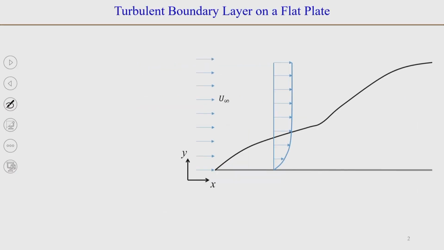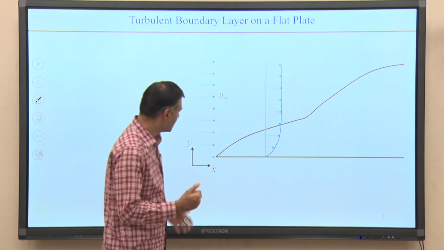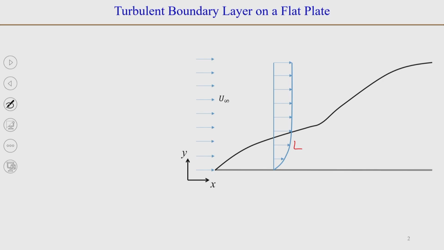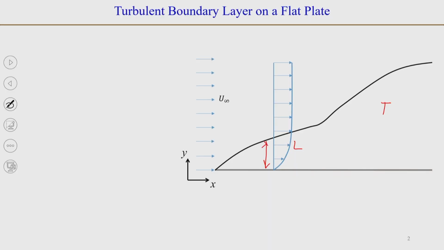This is a typical image for a boundary layer over a flat plate that we have been discussing. This is the laminar boundary layer, and here you have a turbulent boundary layer. Of course, you can see that the turbulent boundary layer is significantly thicker than the laminar boundary layer.